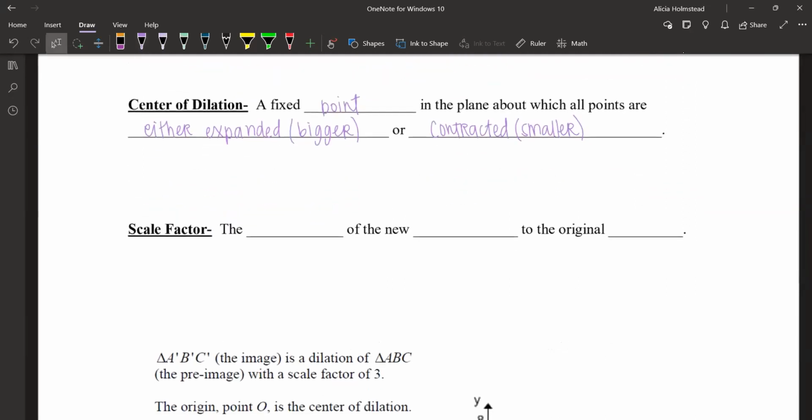And then the scale factor, this is the ratio of the new image to the original image. So when we create this image, it's going to be the new image, not this image. When we create the scale factor, it's going to be the new image divided by the original image.